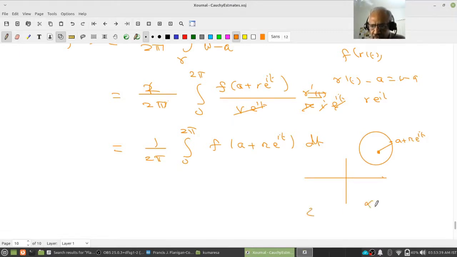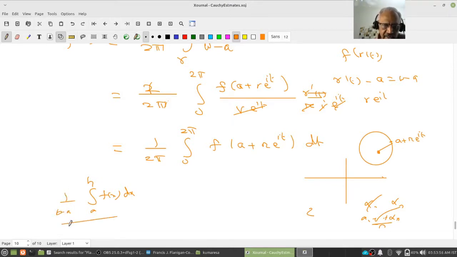The average of finite numbers alpha 1 to alpha n will be alpha 1 plus ... plus alpha n by n, right? So the average in the integral will be the integral of f(x) from a to b dx, and how many elements are there? I will use as length b minus a. This I call the average of f on the interval [a, b], right?